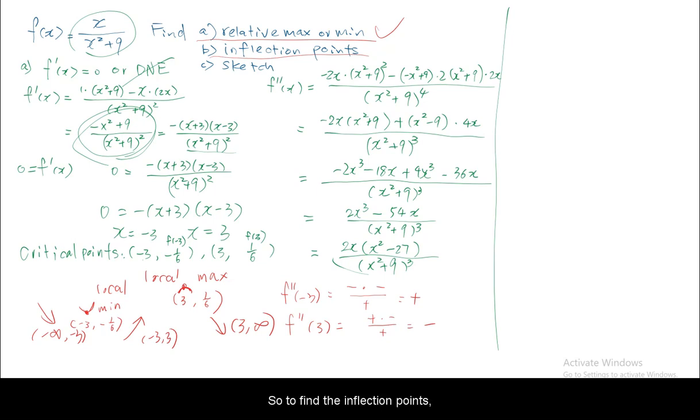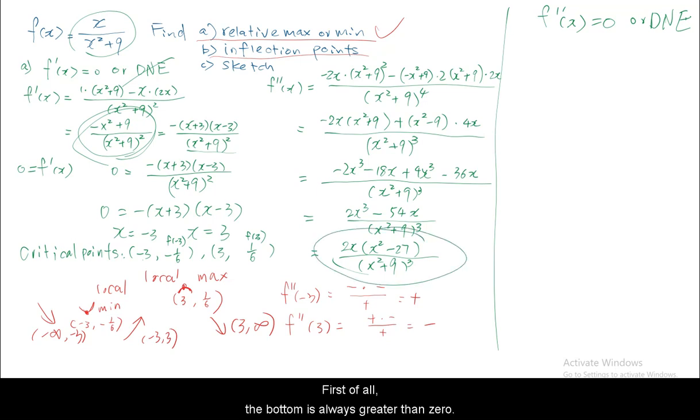So to find the inflection points, we need to know when the second derivative of f of x is equal to 0 or does not exist. Okay, so we'll look at this expression. First of all, the bottom is always greater than 0, so we don't have the case where the bottom is equal to 0.